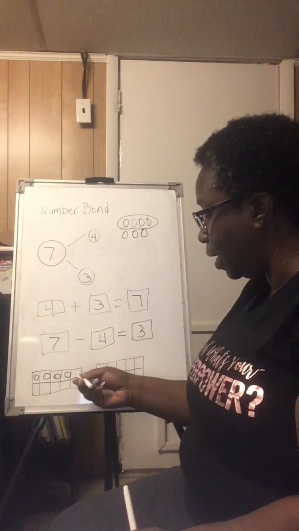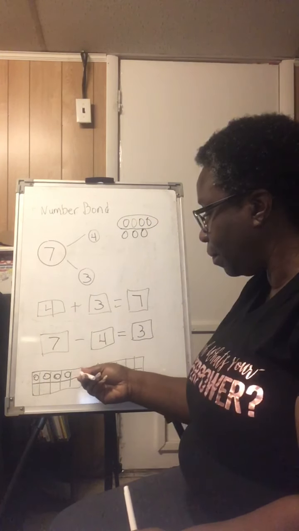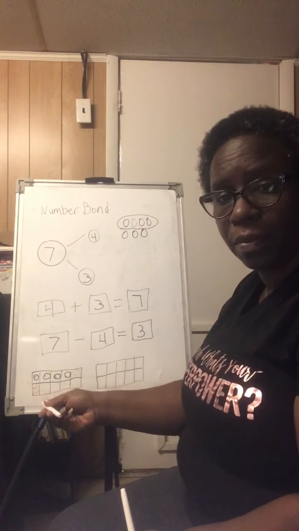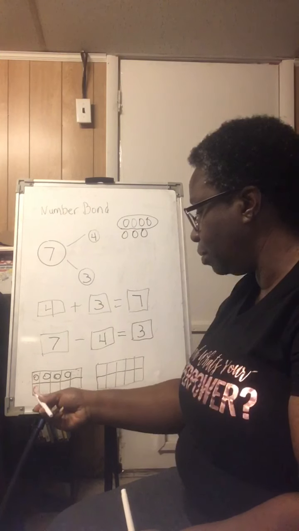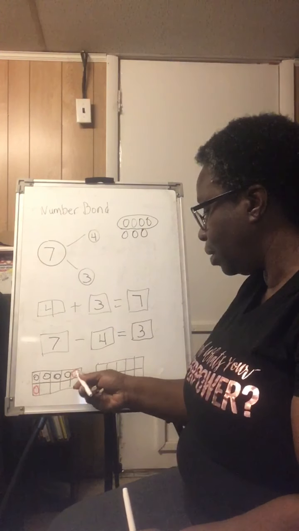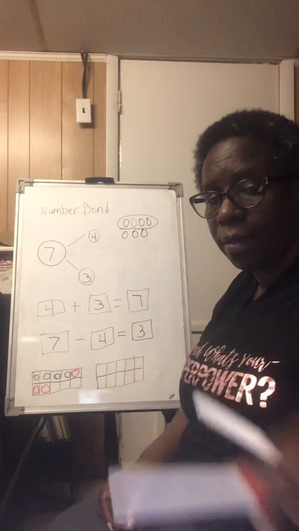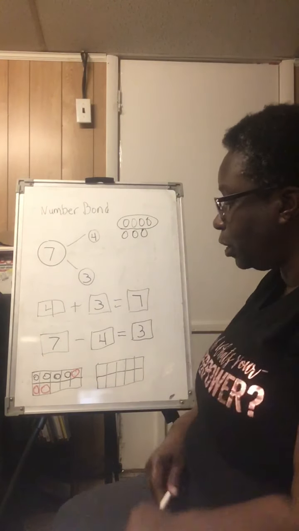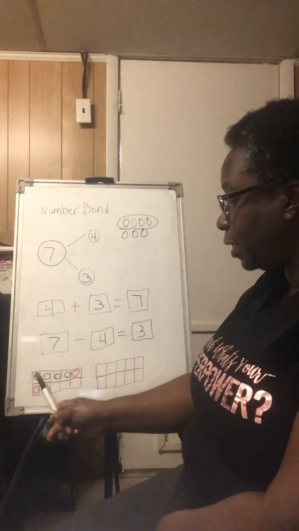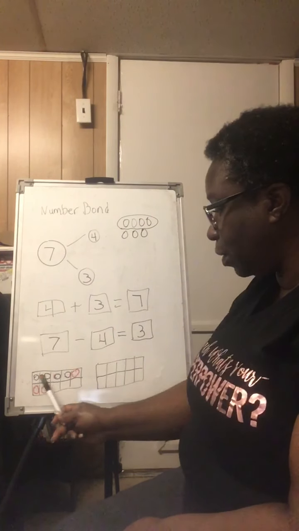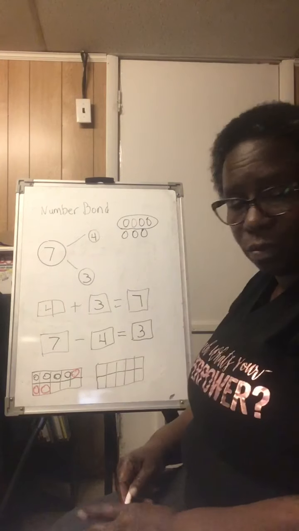And we added in 1, 2, 3. So when you're doing subtraction, you know you got 7 minus the 4, and you're left with the 3.